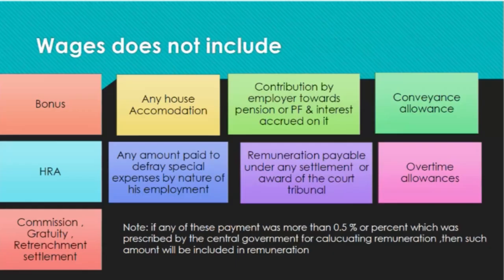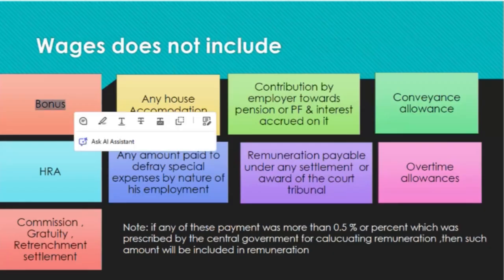If any of these amounts is more than half percentage or such percentage as prescribed by the government, then it will be included in wages. Okay? See, in case of bonus, the bonus has a specific percentage.